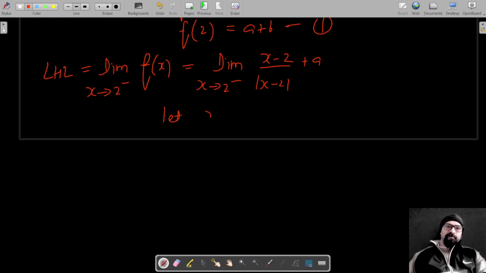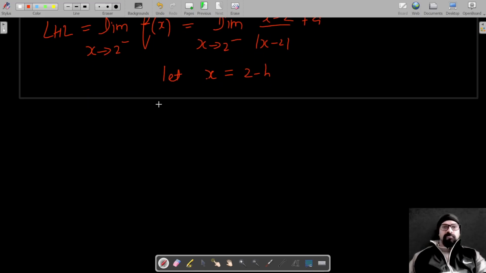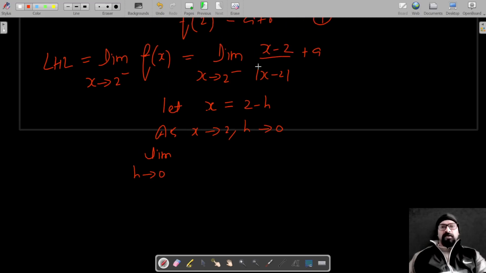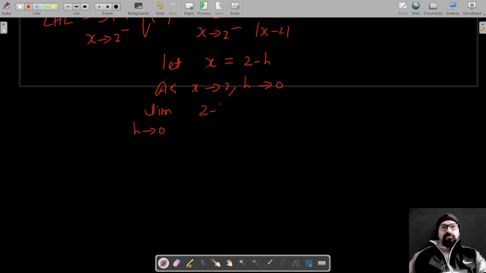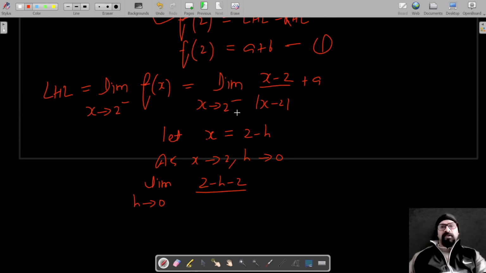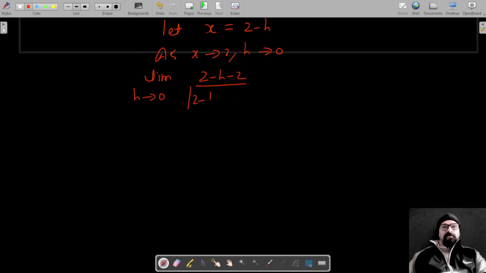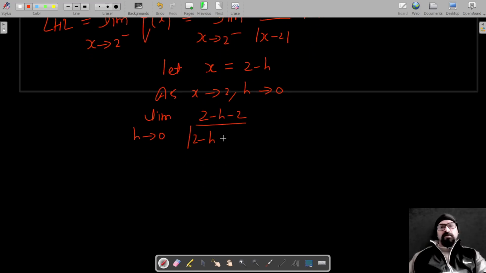Okay, let's make the substitution here. Let's say x is equal to 2 minus h, a small value h less than 2, and as x tends to 2, h tends to 0. So this now becomes limit h tends to 0 of (2 minus h minus 2) upon modulus of (2 minus h minus 2) plus a.